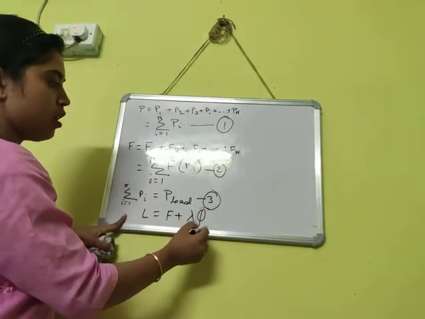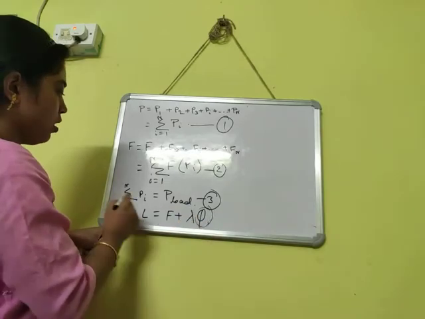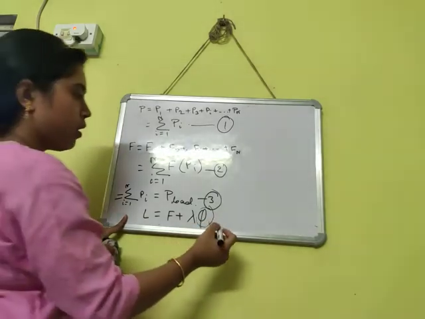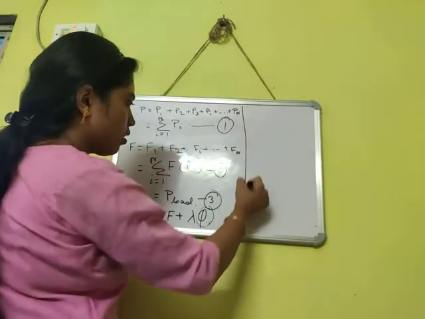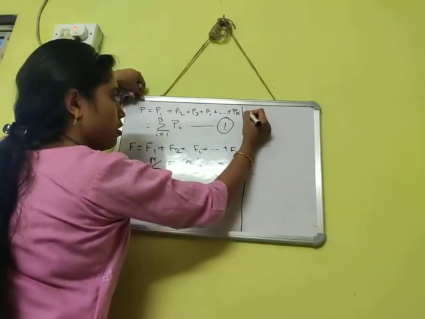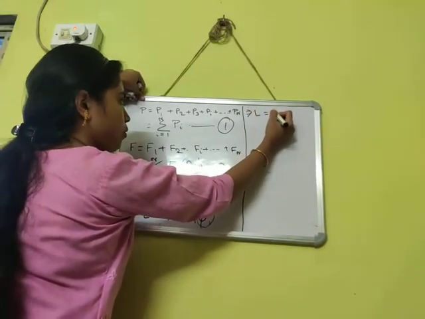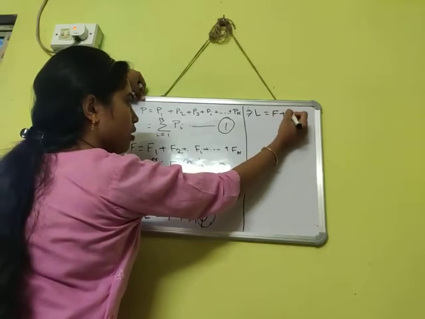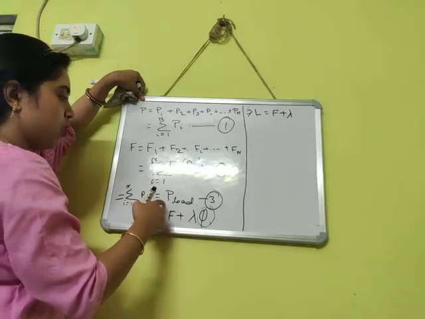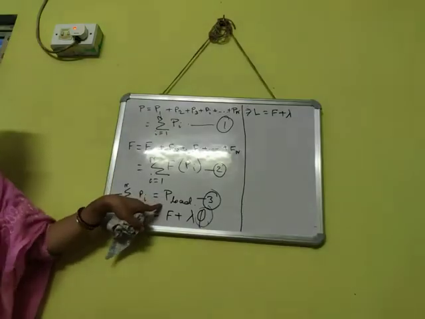Here phi is the constant, that is the constant from equation number 3. So after that, we put the constant here, it becomes L equals F plus lambda phi value.